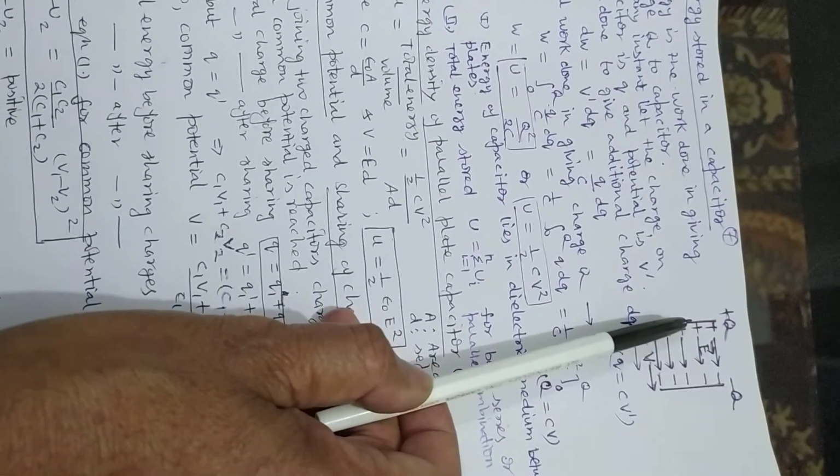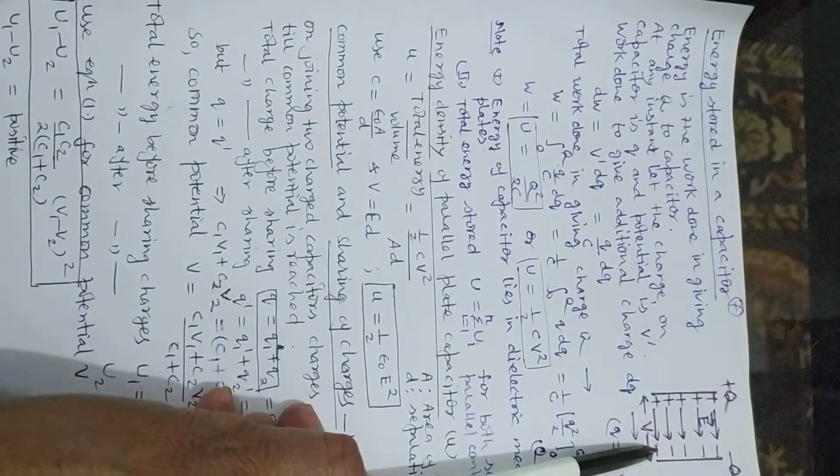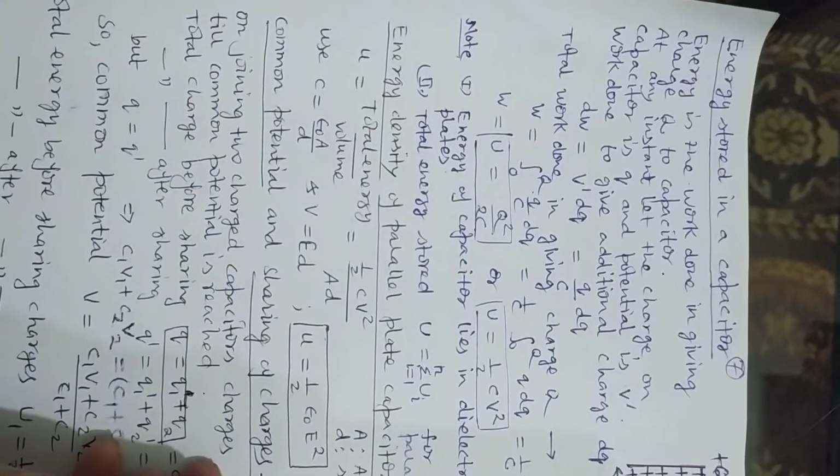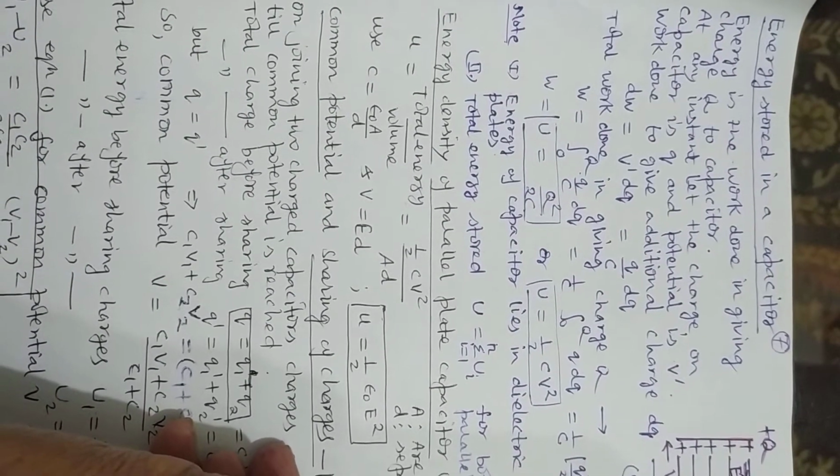Let A be the area of the capacitor and V the potential difference between the two plates of the capacitor. Right?